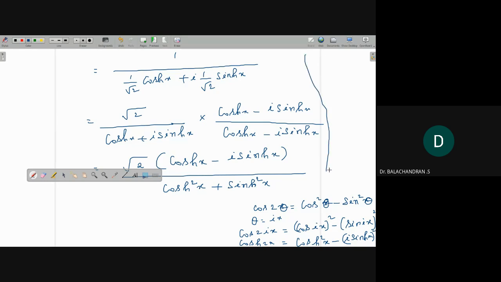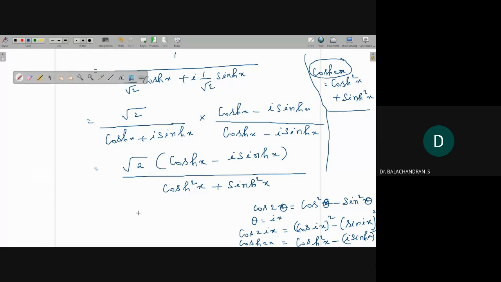I will write the next step. So you will get cosh 2x equal to cosh square x. Here I have i square, and i square is minus 1, so minus of minus is plus, so plus sinh square x. So instead of cosh square x plus sinh square x, you can replace by cosh 2x.